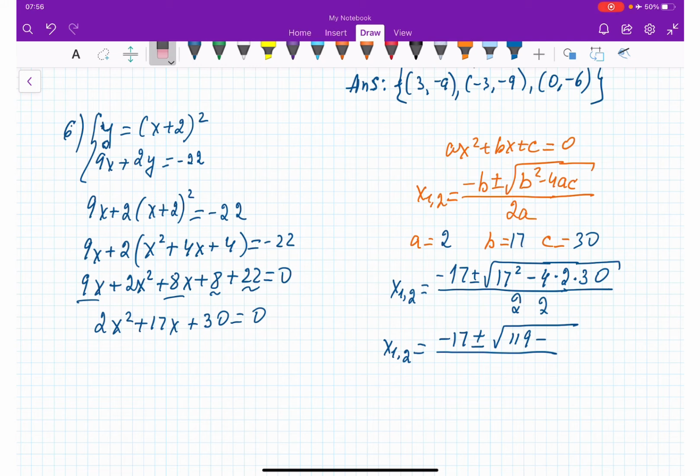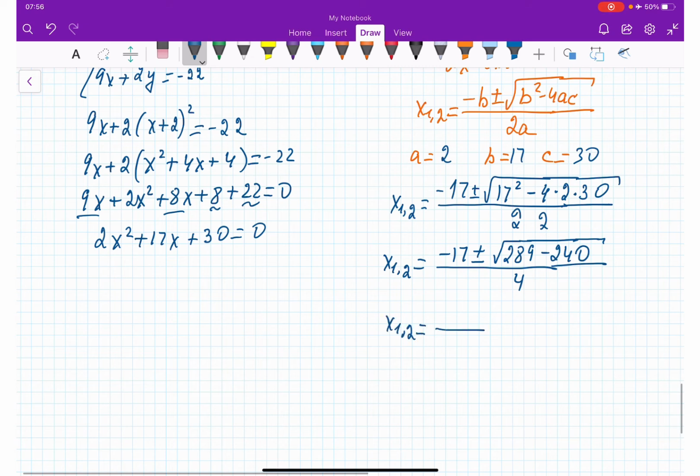Yeah, I'm wondering what's happening. Sorry, I punched the numbers on the calculator real quick, not to hold with the square on paper. Okay, 289 minus 4 times 2 is 8. 8 times 30 is 240. Right? Divided by 4.